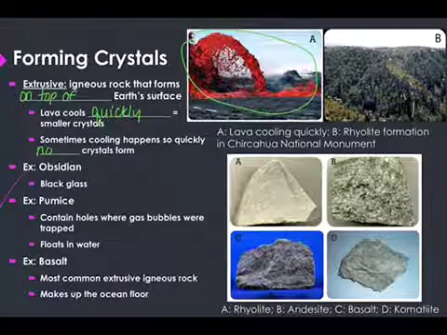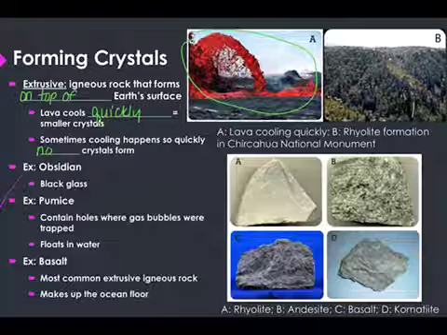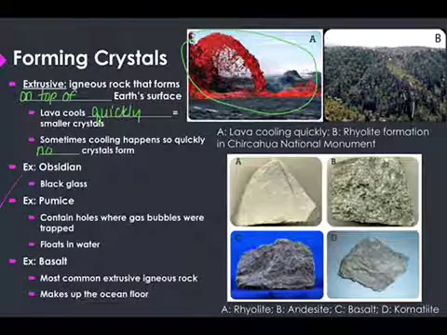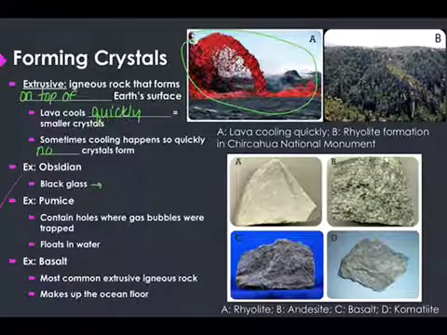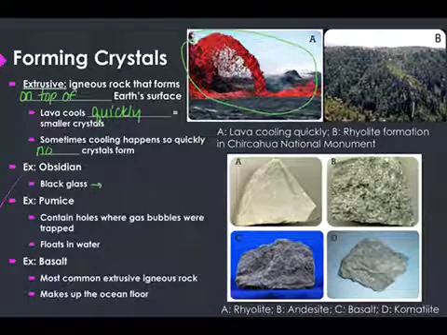So, for example, obsidian is an extrusive rock, and it's kind of confusing because it actually looks like black glass. We talked about pumice. Pumice contains holes where gas bubbles were trapped, and it has the ability to float in water.